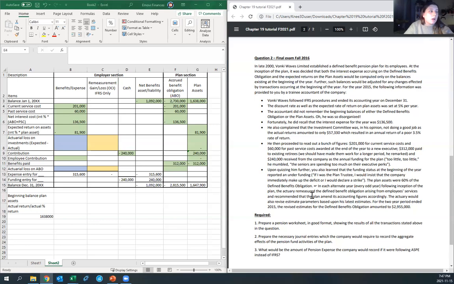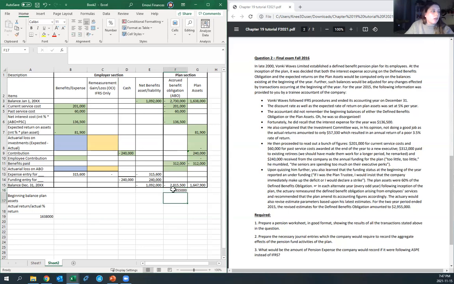The actuary would also revise estimate parameters based upon his latest estimates. For the two-year period ended in 2015, the revised estimate for the DBO amounted to $2,955,000.